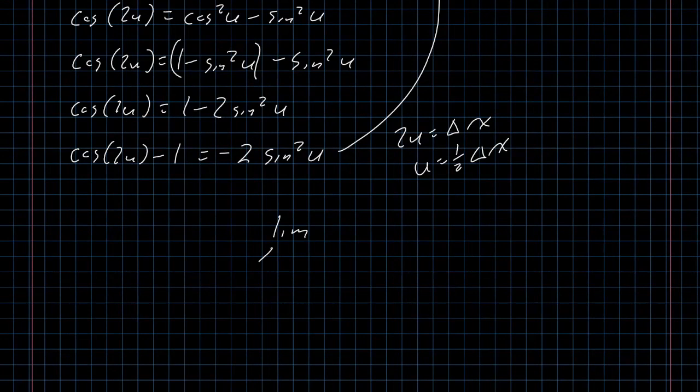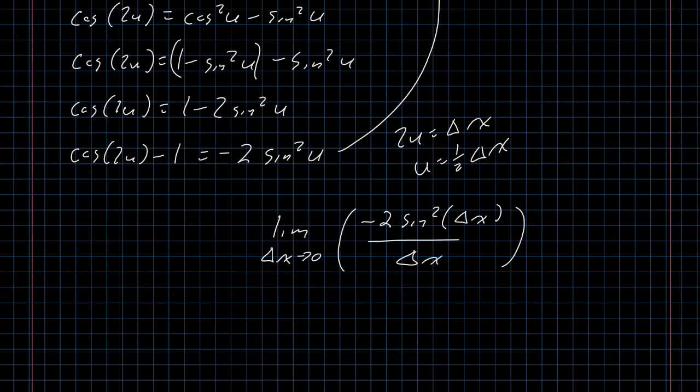the limit as delta x goes to 0 of cosine delta x minus 1 is the same thing as the limit as delta x goes to 0 of minus 2 times sine squared of delta x over 2, all over delta x.